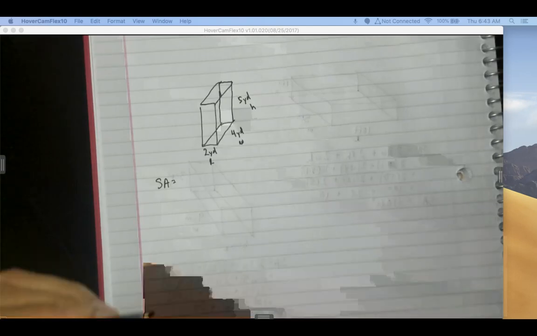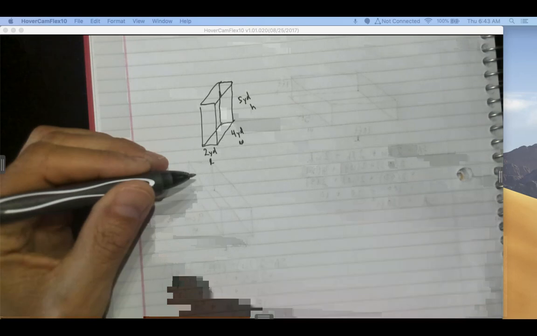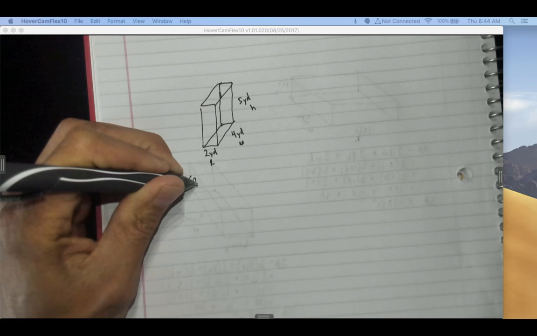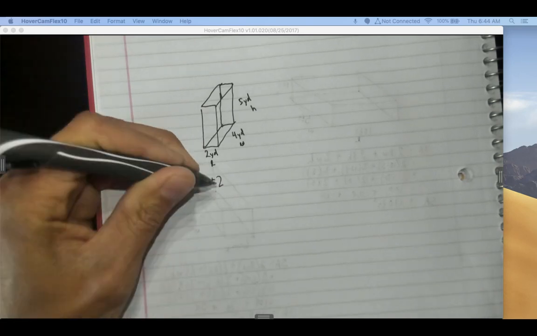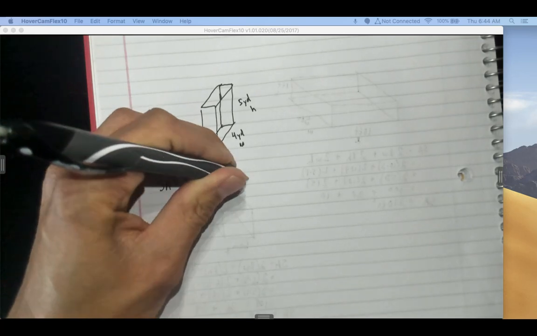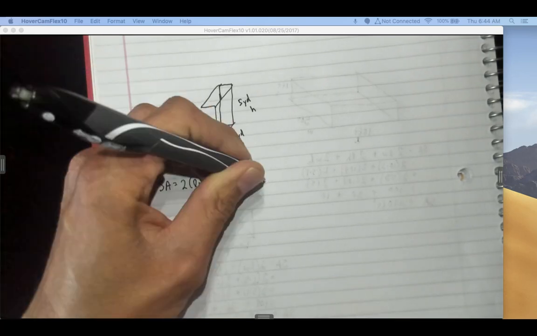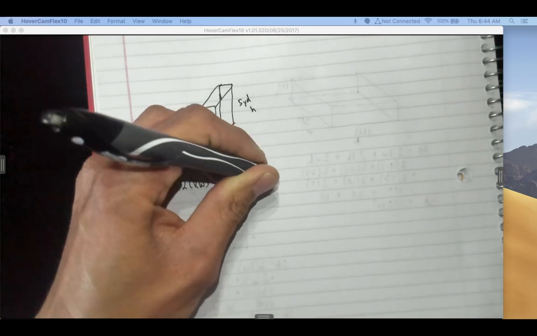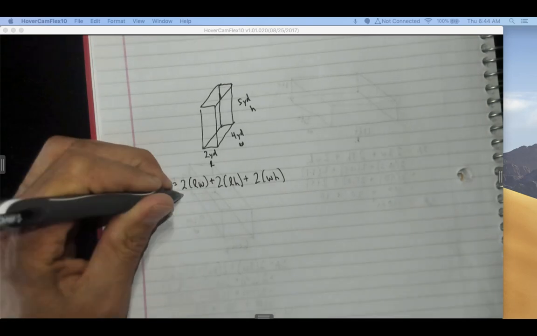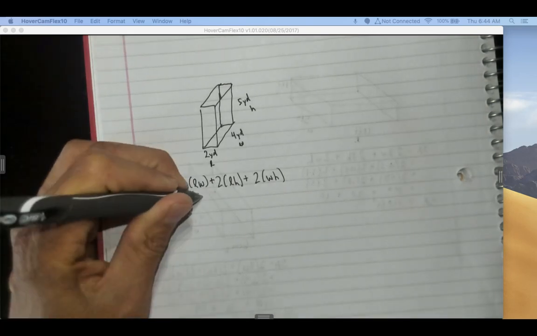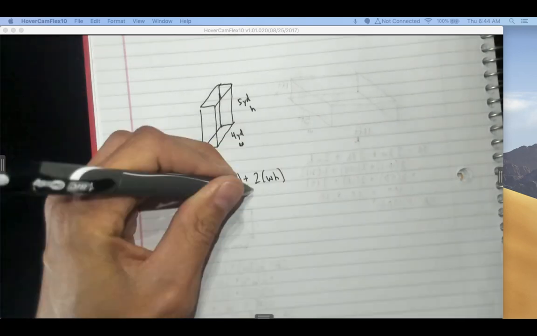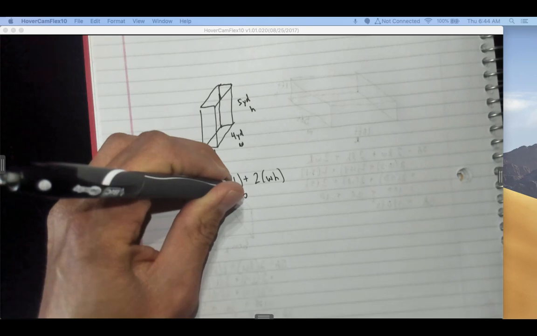All right, for the third one, again, it would be 2 times the length times the width plus 2 times the length times the height plus 2 times the width times the height. Okay. Or from looking at this, it'd be 2 times 4 plus 2 times 5 plus 2 times 4 times 5.